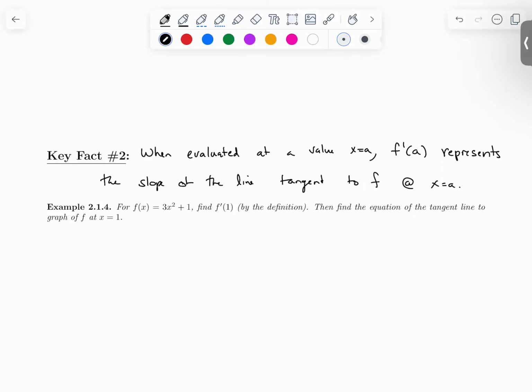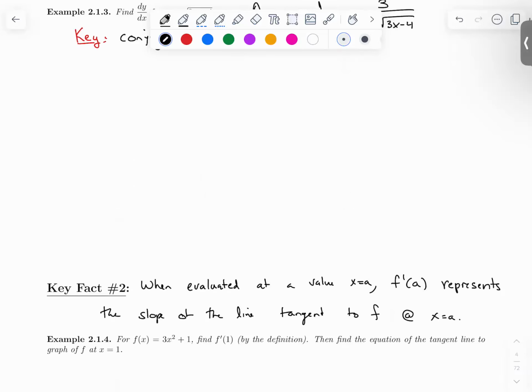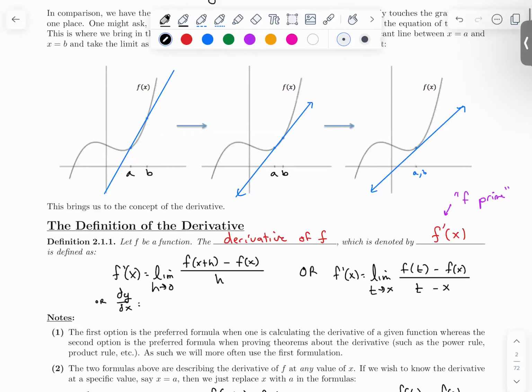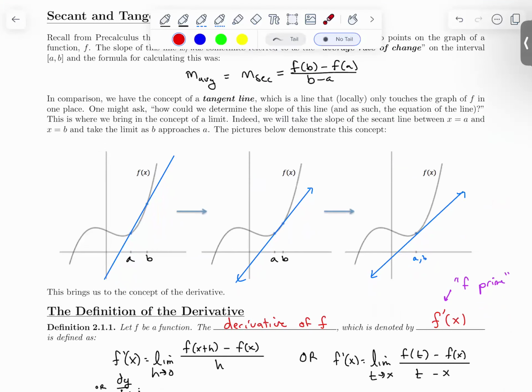As we saw with that graph, when you plug in a specific value into a function, it produces a number, right? And when it comes to the derivative, it will represent the slope of that tangent line, as we saw with that picture. When I calculate it at a, it will give me the slope of this line.